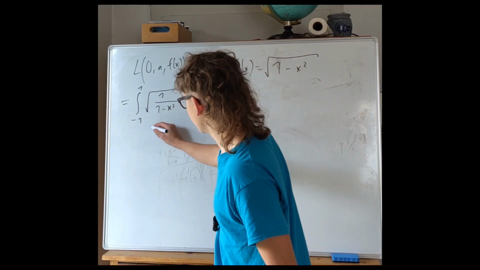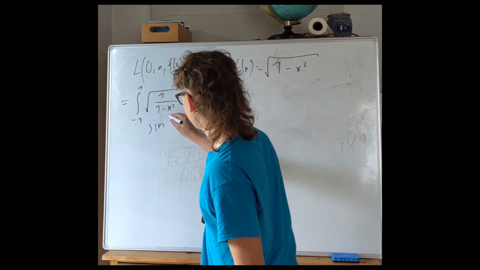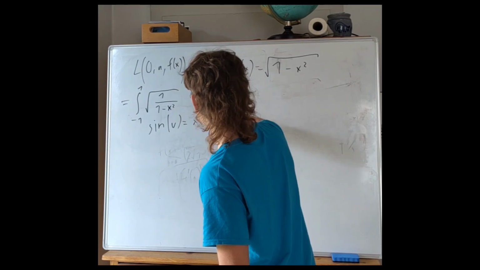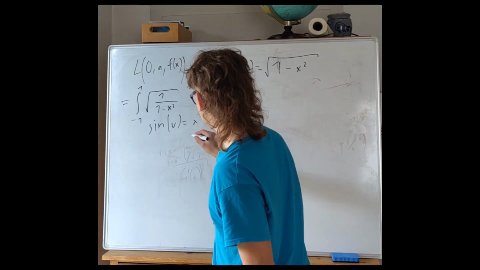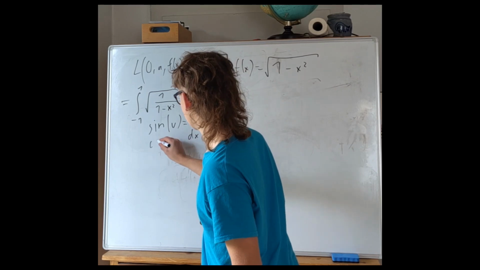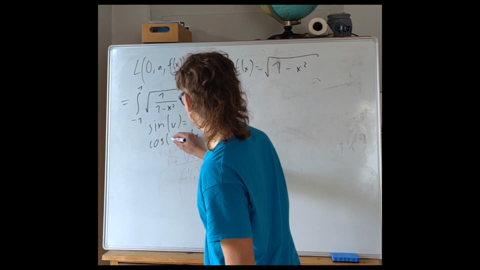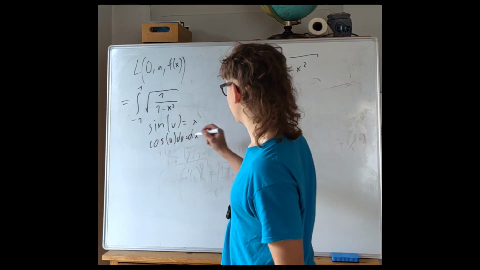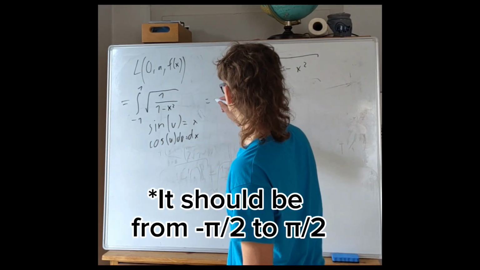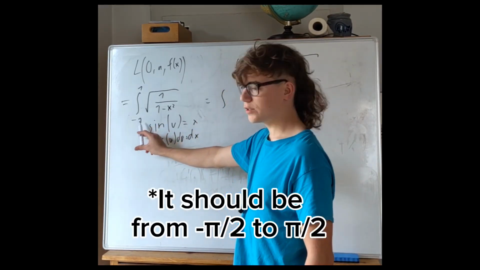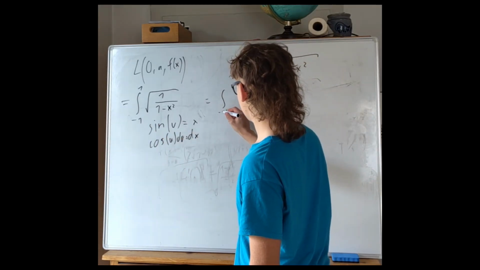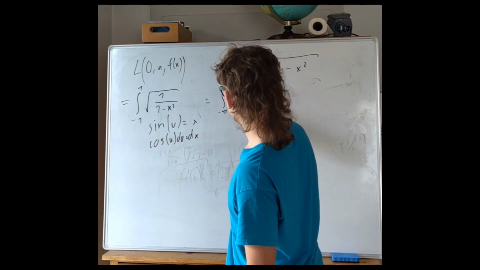Right, now we do a u substitution. Let's say cosine of u is equal to x. Now we get dx equal to minus sine of u du. The new integration bounds are, well, to get -1 from cosine, that's pi, and to get 1 from cosine, that's 0.